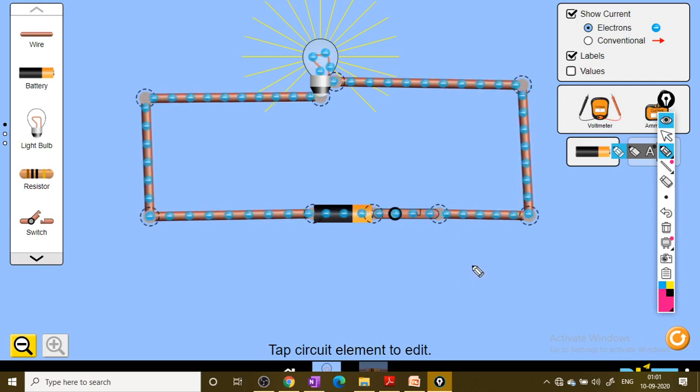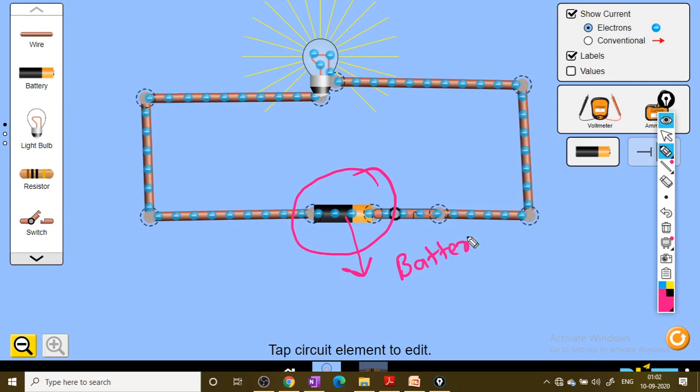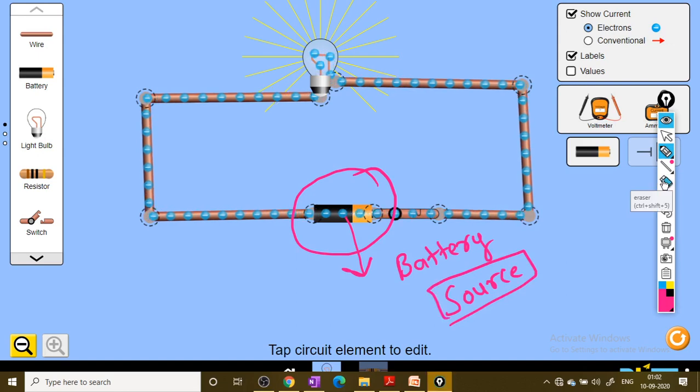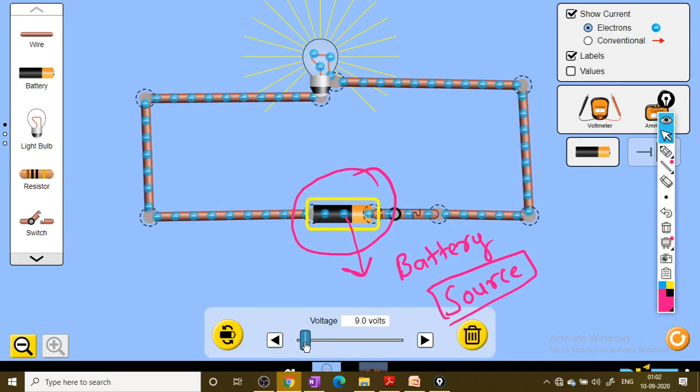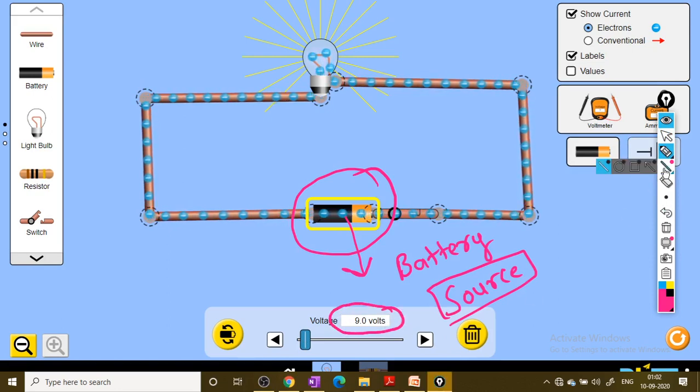Now to move the electrons, what could be the cause? Yes, this component here is known as a battery. The battery acts like a source. Here you can see it's a 9 volt battery; I can explain about volts later.